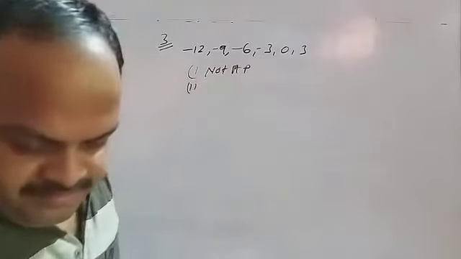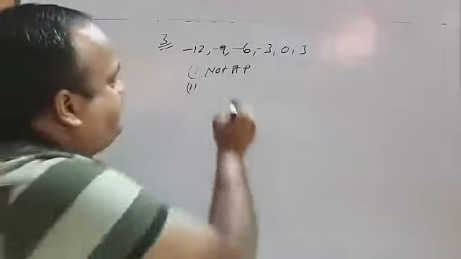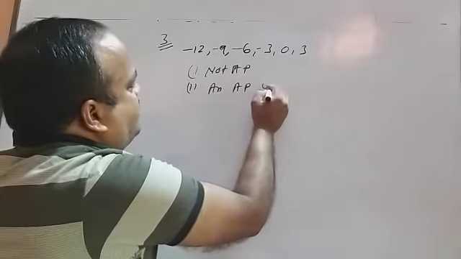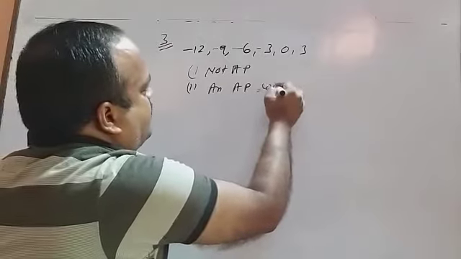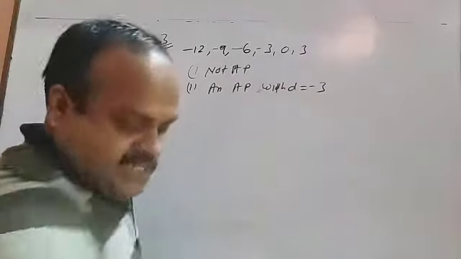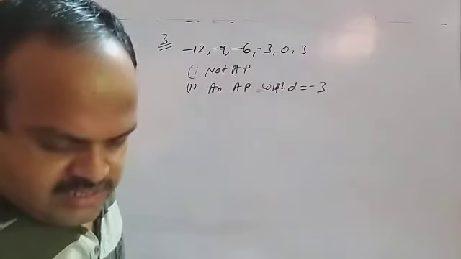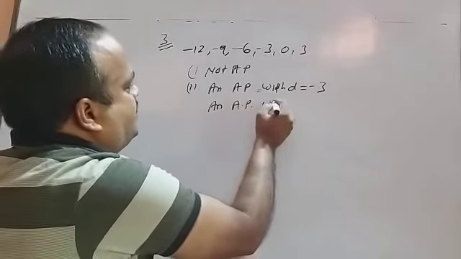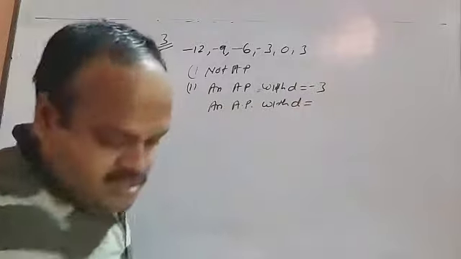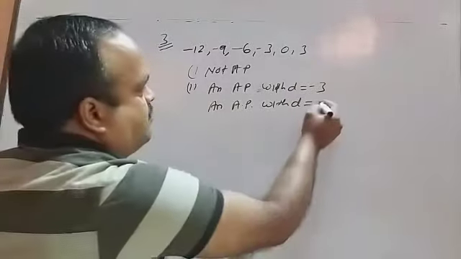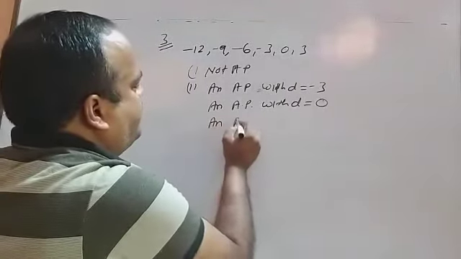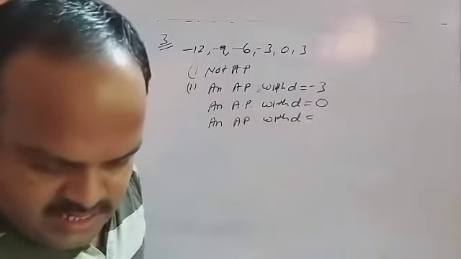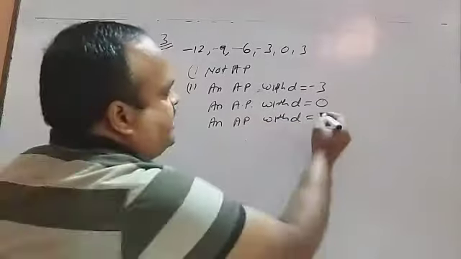Second, an AP with D equal to minus 3. An AP with D equal to 0, and an AP with D equal to 3.